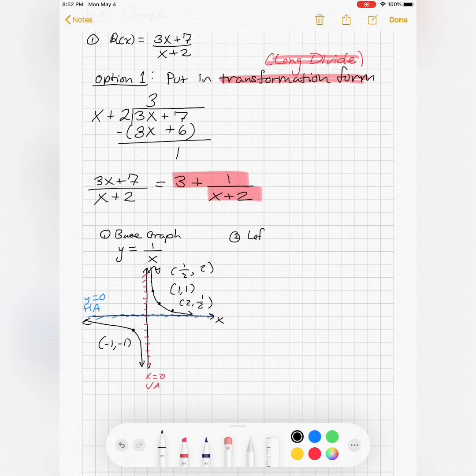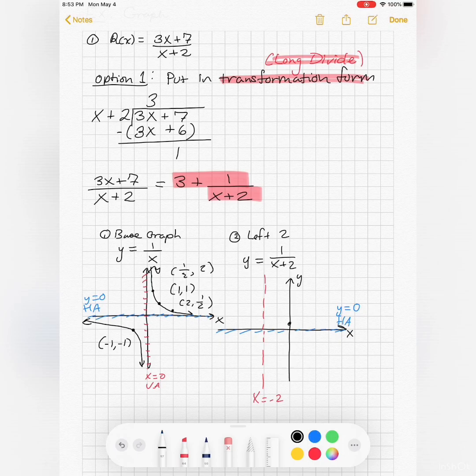Then I go on with my transformations. Now I'm going to shift left 2. The vertical asymptote shifts with the graph, so it's going to be at x equals -2. The horizontal asymptote will slide, but will still be at y equals 0. And I'll move my points.